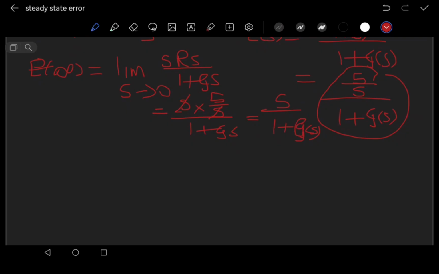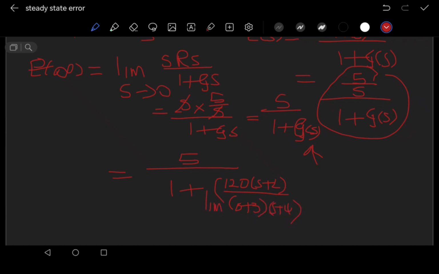Right, so don't mind my small letter g here. Then from there we have to substitute that equation that is given here for g of s. So it's going to be 5 over 1 plus, for g of s we put the equation, which is 120 times s plus 2 over s plus 3 times s plus 4, right?